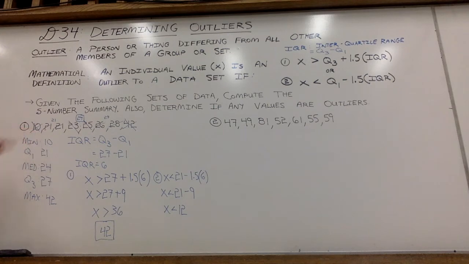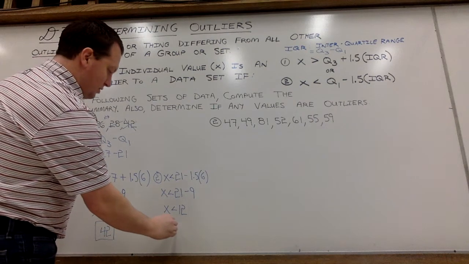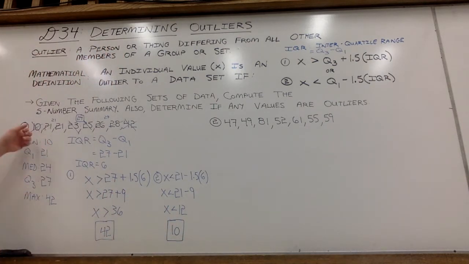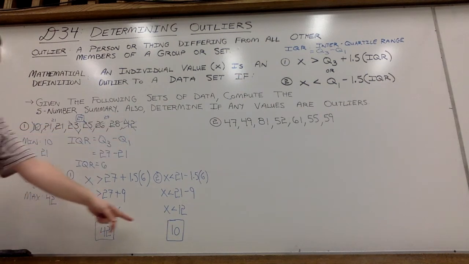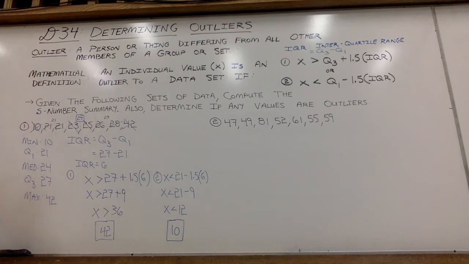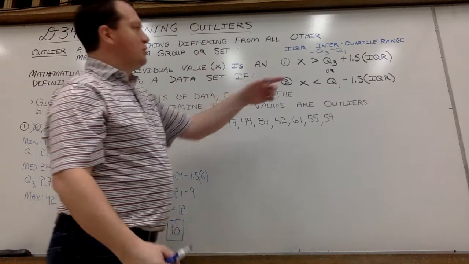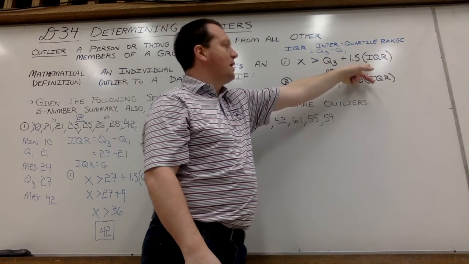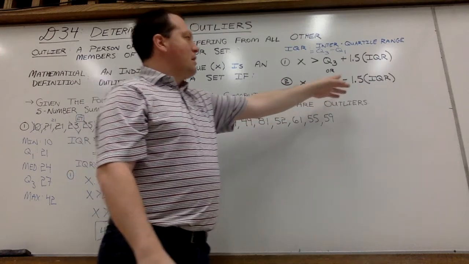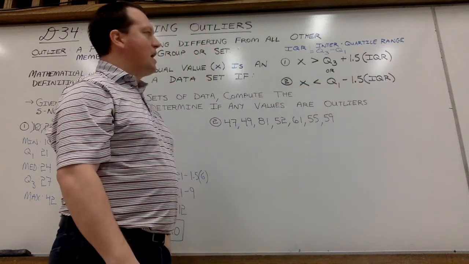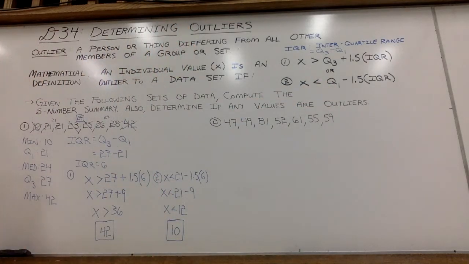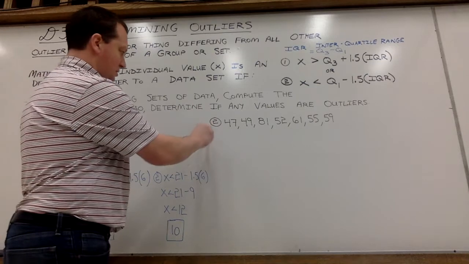Looking here, yes, there is one. 10 is smaller than 12. So I would have two outliers in this data set, both the smallest value 10 and the largest number 42, because 42 is greater than 1.5 times the interquartile range above Q3, and then 10 is 1.5 times IQR below the lower quartile. So that's the process, not terribly difficult.